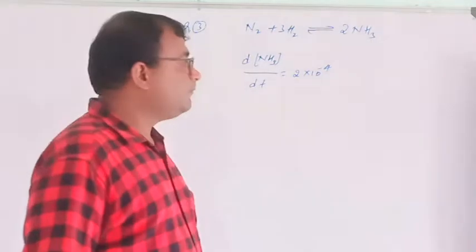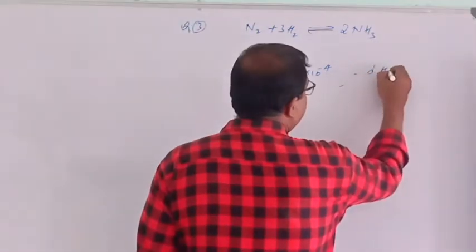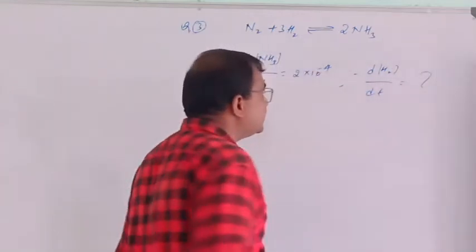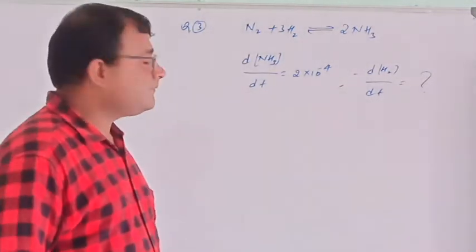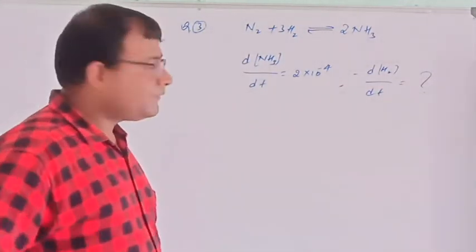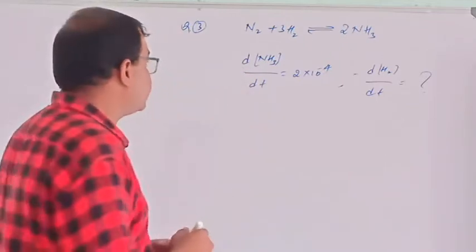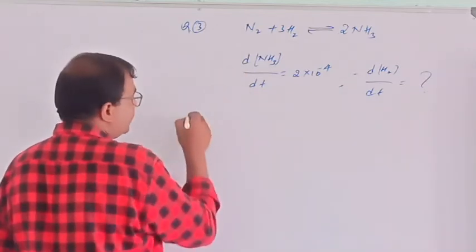This is the given. What is minus d of H2 by dt equal to? Four options. Let's find out. Very simple. Once again, same way, write the differential rate equation.